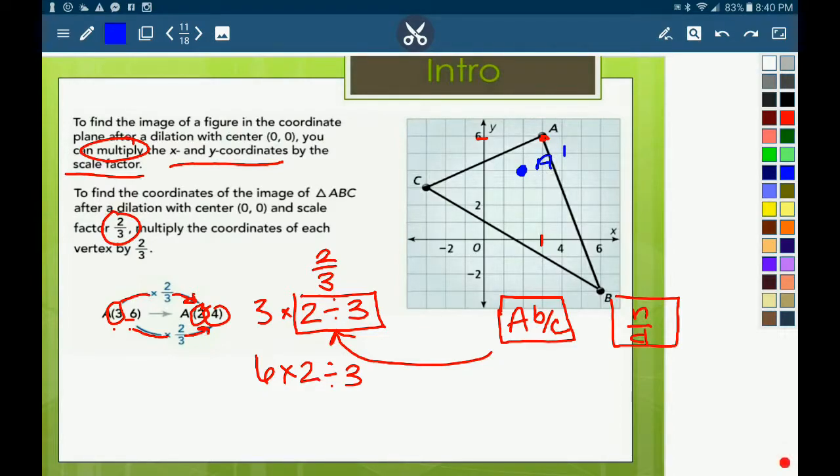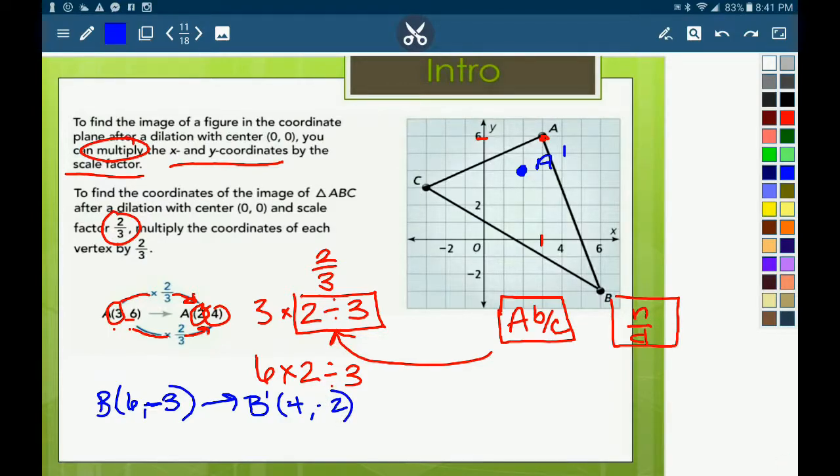Now I want to just continue getting the new coordinates by multiplying each one by 2/3. So B is at 6, -3. If I multiply each of those numbers by 2/3, 6 times 2/3 is 4, and -3 times 2/3 is -2.